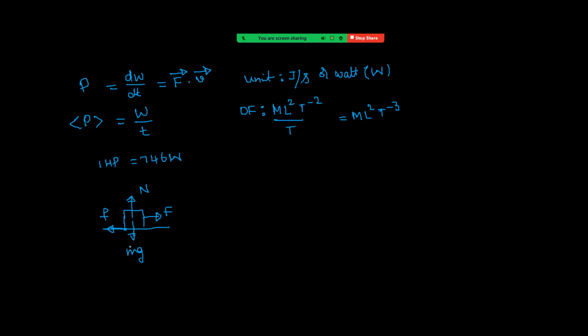So no power is delivered by gravitational force and normal reaction. Like this, we have to specify by which force we want to calculate power. To understand better, let us solve a few problems based on power.